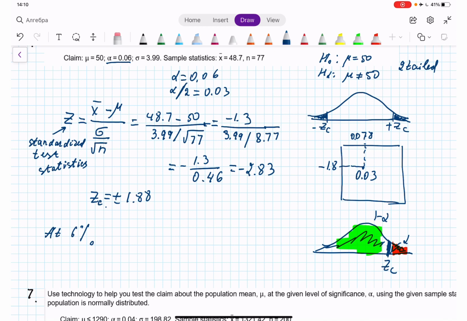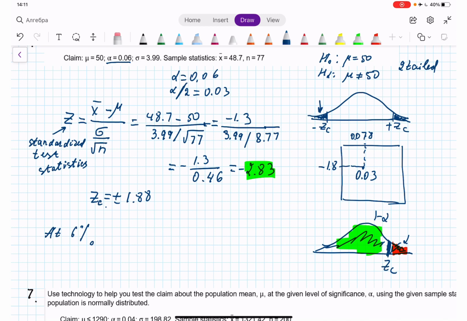Which one is it? So let's see. Our Z standardized test statistic is negative 2.83. Z critical is plus minus 1.88, which means it's going to fall in the rejection area. It's less than negative 1.88, right?